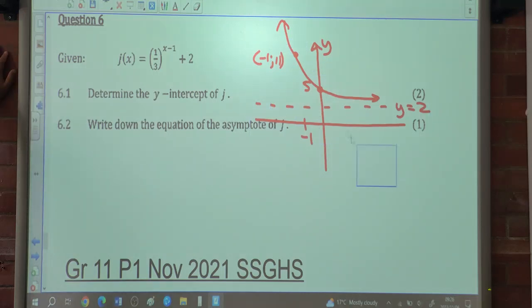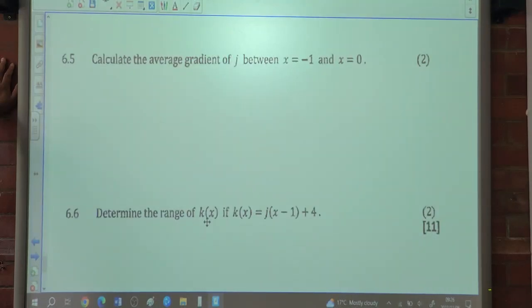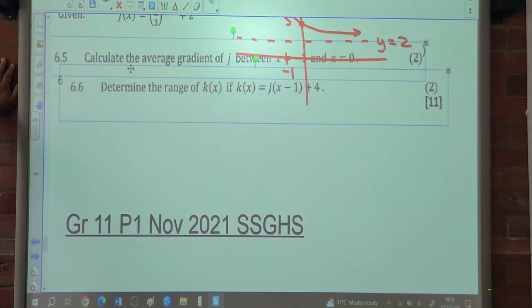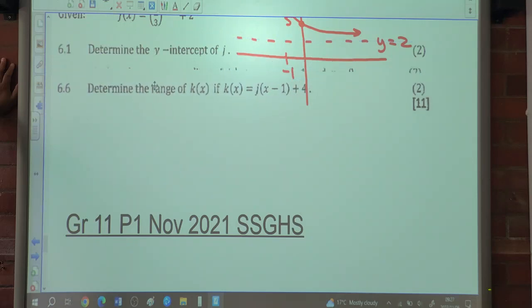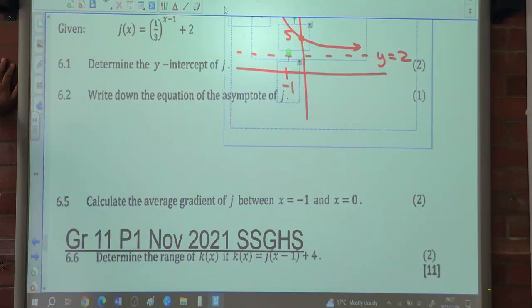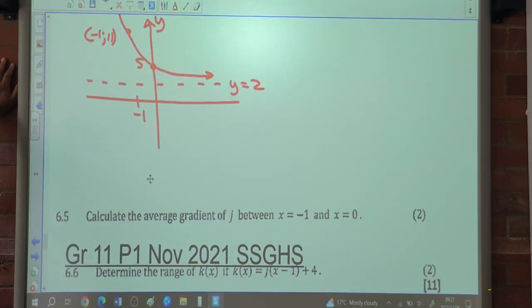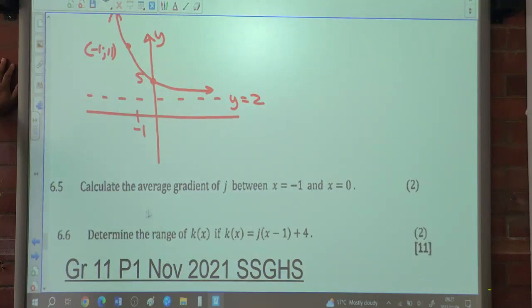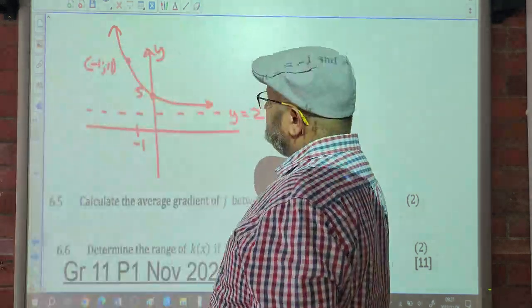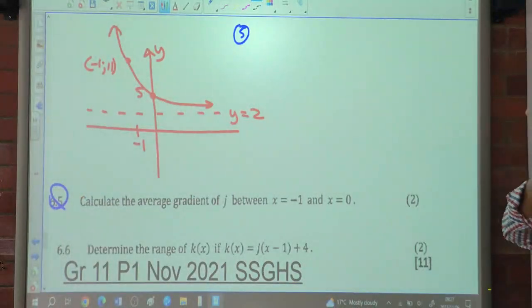Let's look at the next question. Question 6.5, we are told to calculate the average gradient of j between x equal to negative 1 and x equal to 0.